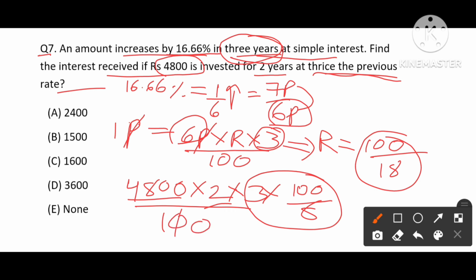So the double zeros cancel. Now this is 100 divided by 18, so 6 times 3, and what we are left with is 16 into 100. 1600 is our answer. Option C is the answer for this question.